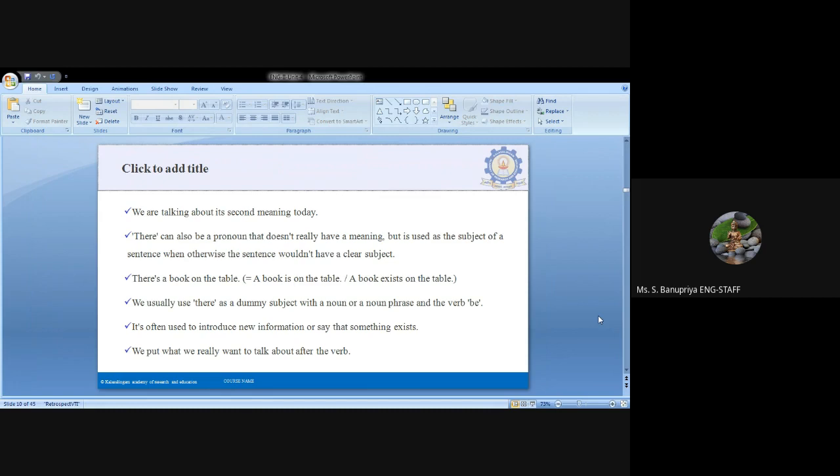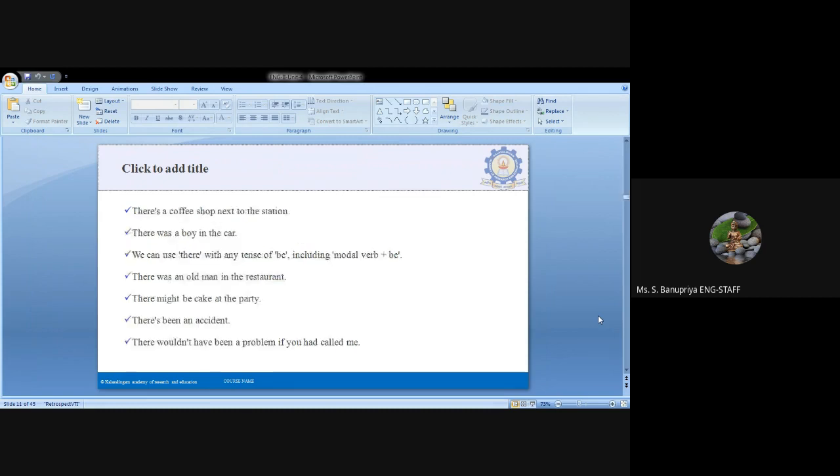There is a coffee shop next to the station. These are all some example sentences. There is a coffee shop next to the station. There was a boy in the car.